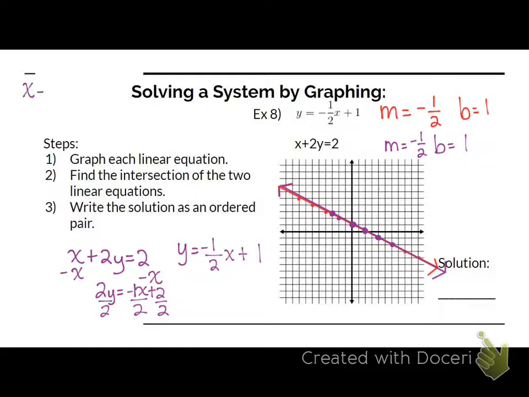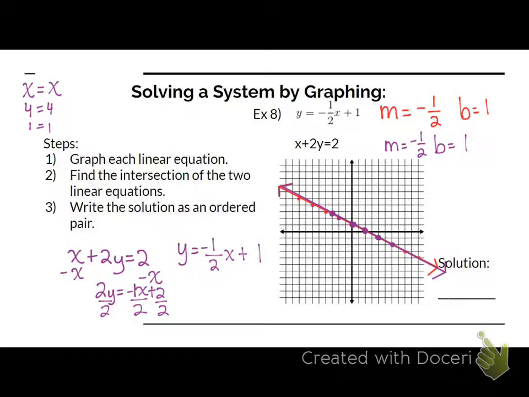If I had an equation that said x equals x, what's a number I could plug in that would make that true? 4 equals 4. 1 equals 1. Any other numbers I could plug in that would make that true? 2? 0?